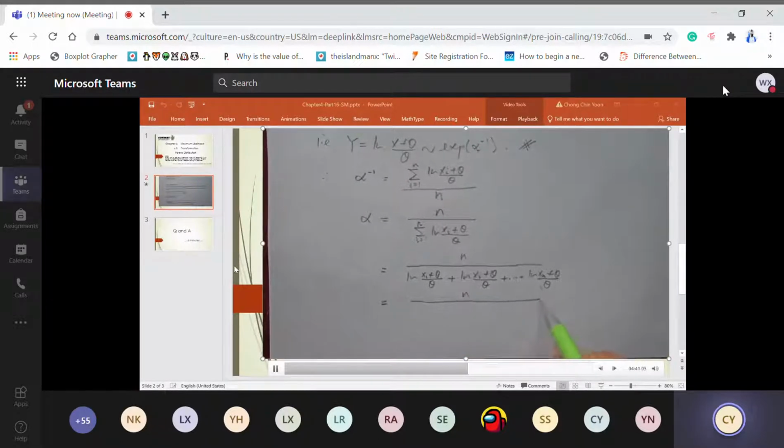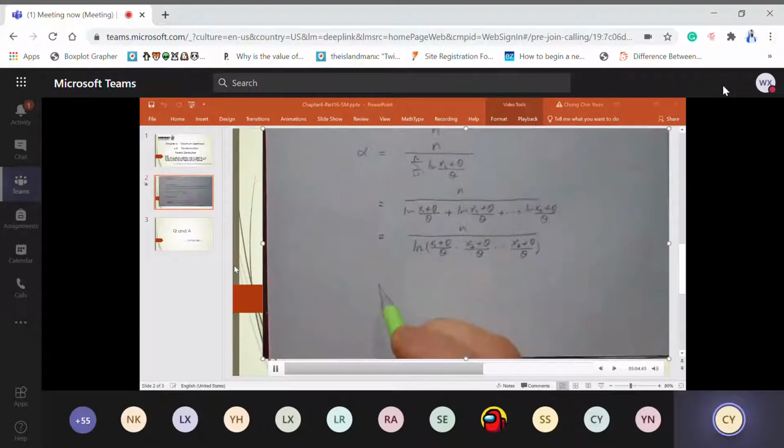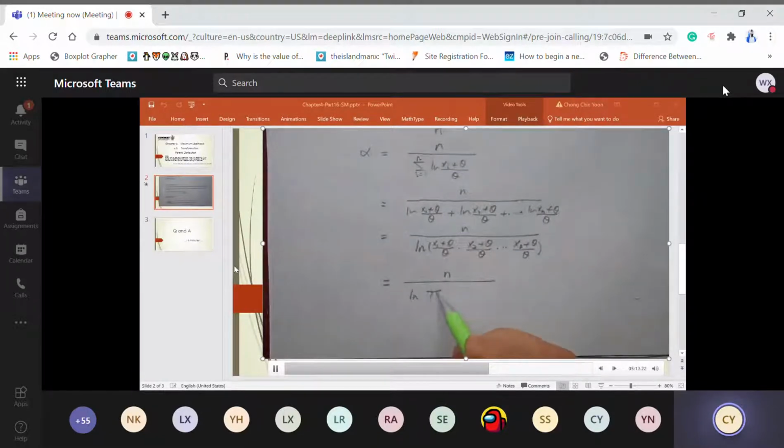So this can be simplified as the log of the product, that is log of ((x1 plus theta) divided by theta) multiplied by ((x2 plus theta) divided by theta) and multiplied until ((xn plus theta) divided by theta). Therefore, this can be simplified as log of the product of (xi plus theta) divided by theta, when i takes from 1 to n, and hence we prove the result.